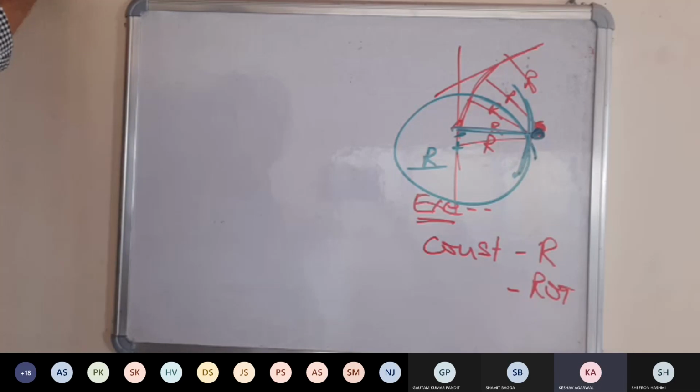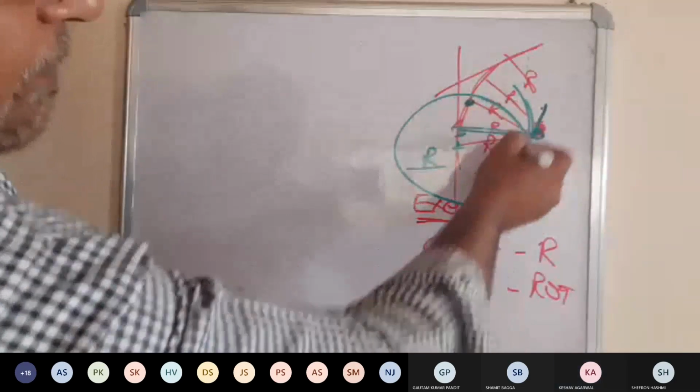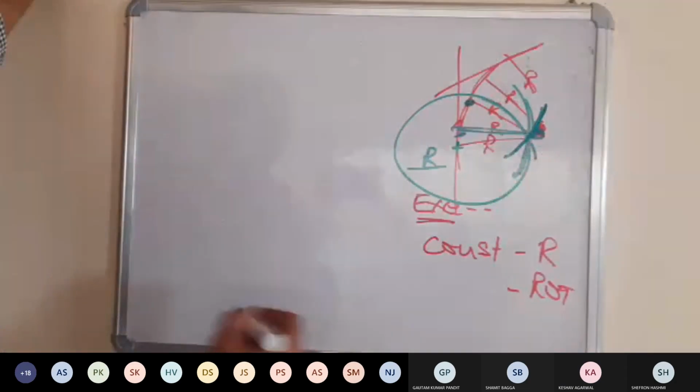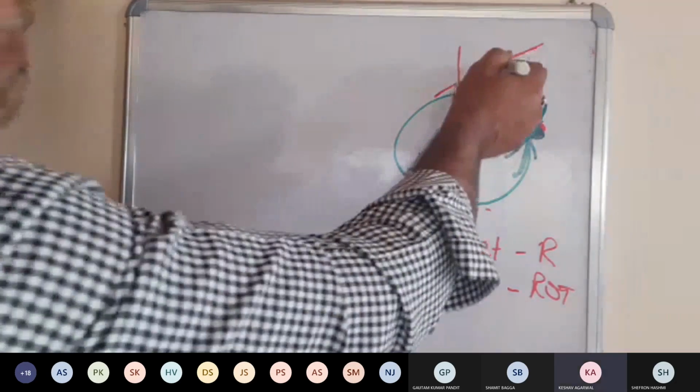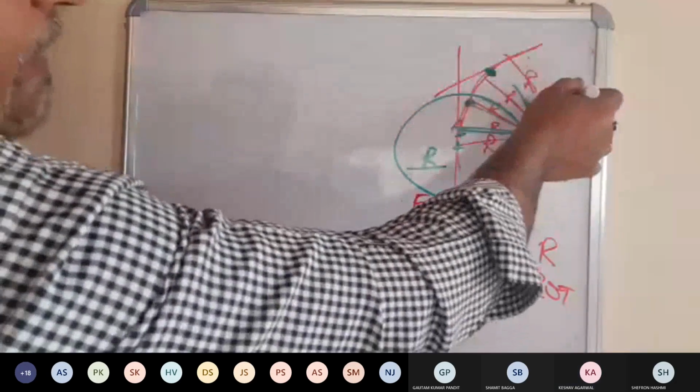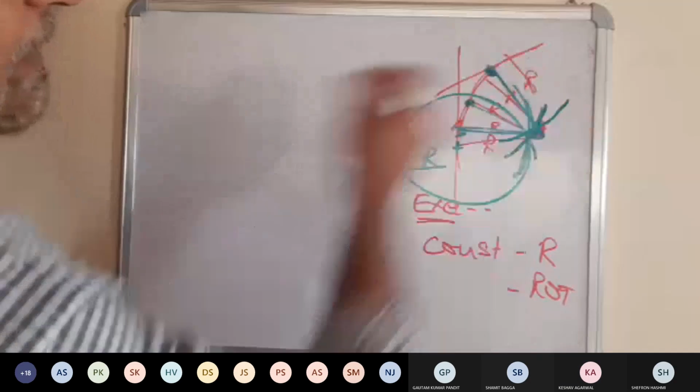When we are here, the VRM will be like this, again touching, because the distances are the same. Again when we are reaching here, the VRM will be like this.